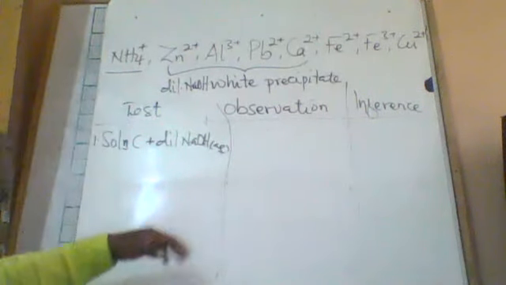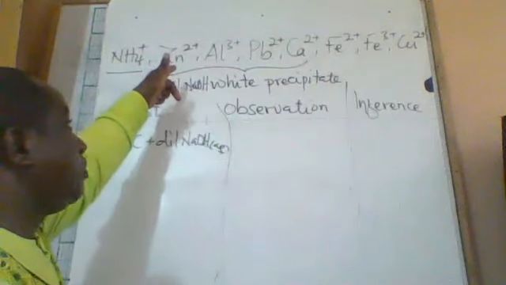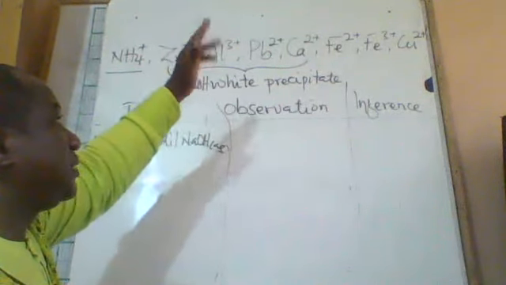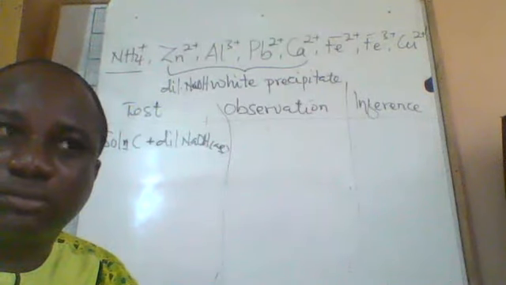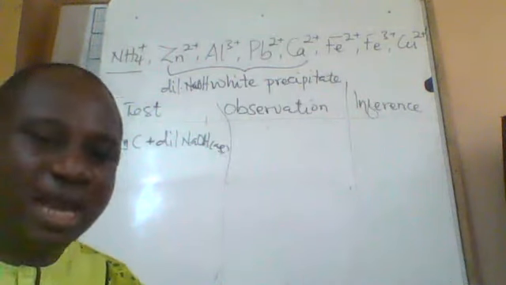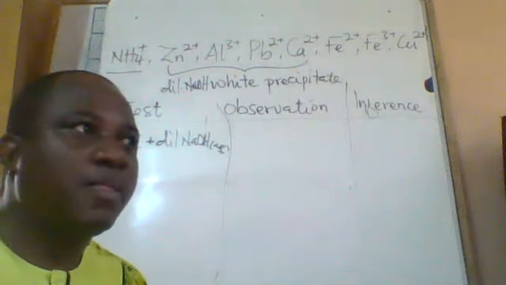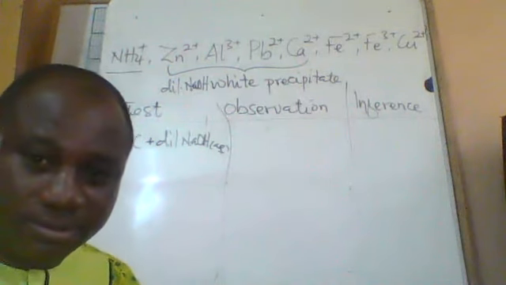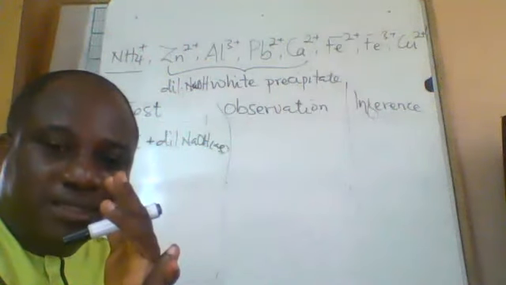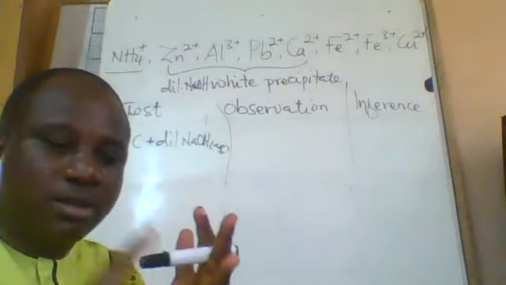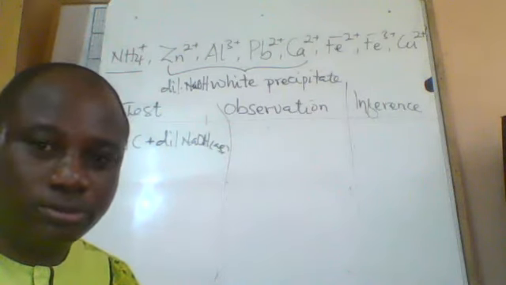So in drops, when you add the sodium hydroxide, Zn2+, Al3+, Pb2+, Ca2+ will give you a white PPT. So you have so many ions being suspected. Now, when you add in excess, if zinc is there, or aluminum, or lead, they'll be soluble.